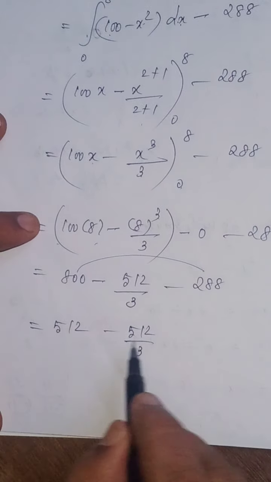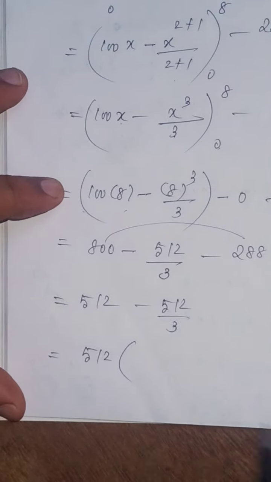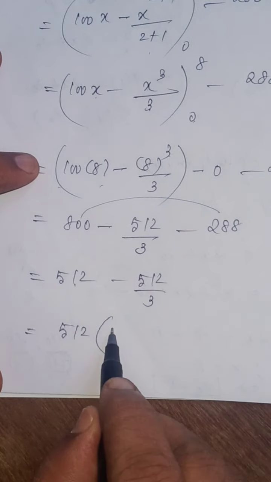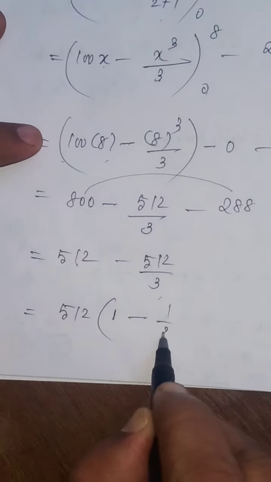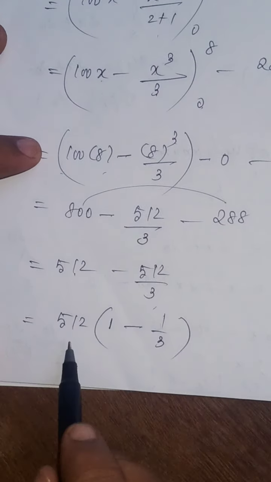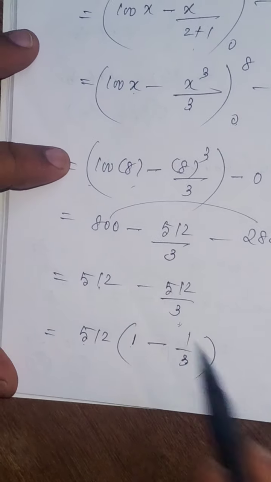You can divide and then subtract, or else you can take 512 as common. If we take 512 as common, it will be 1 minus 1 by 3. So 512 into 1 is 512, and 512 into 1 by 3 is 512 by 3.